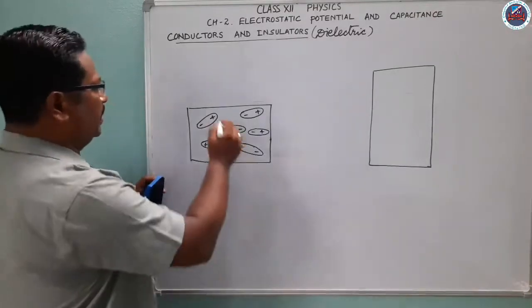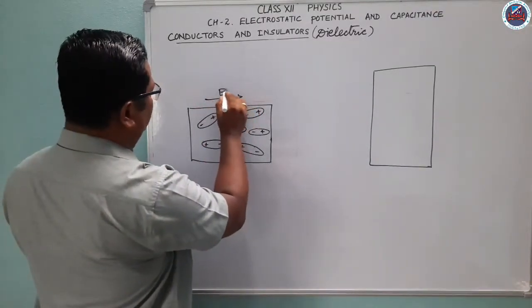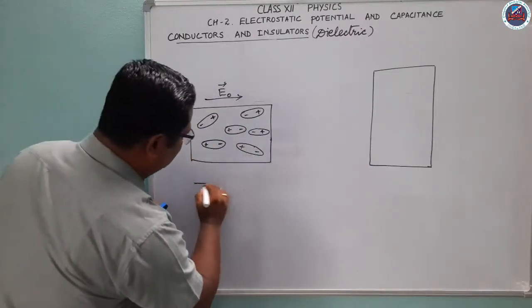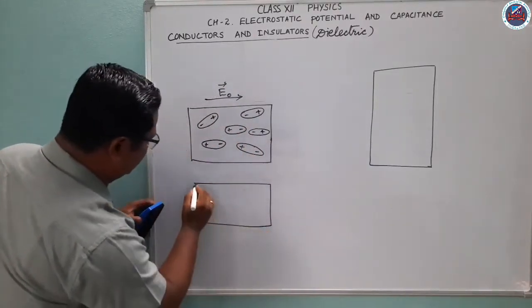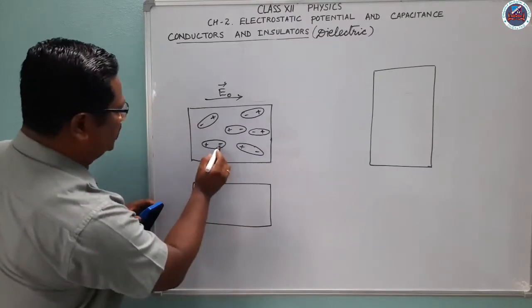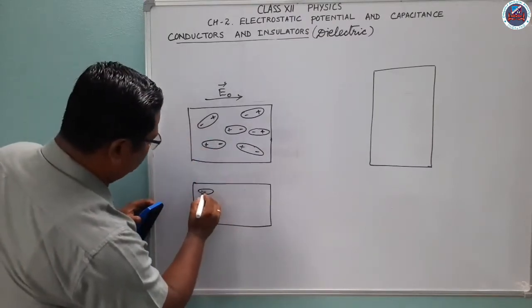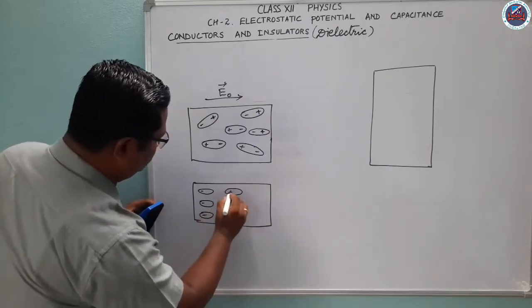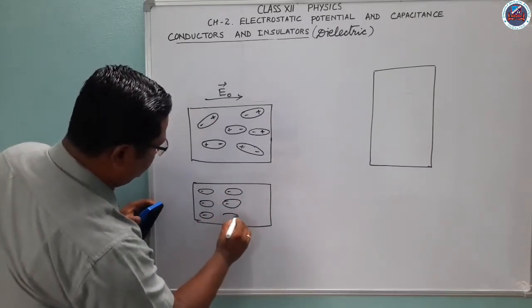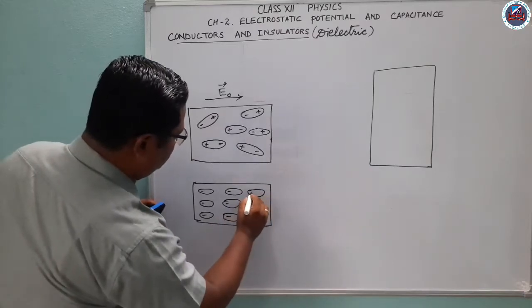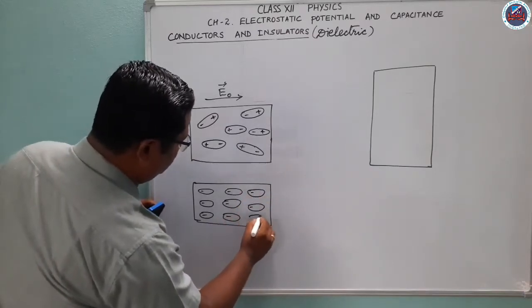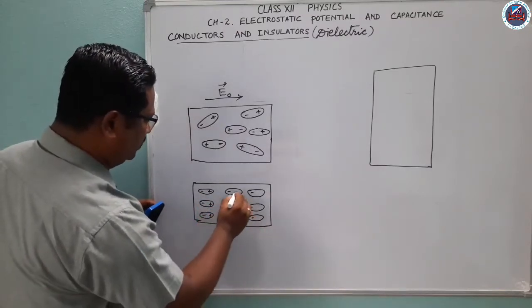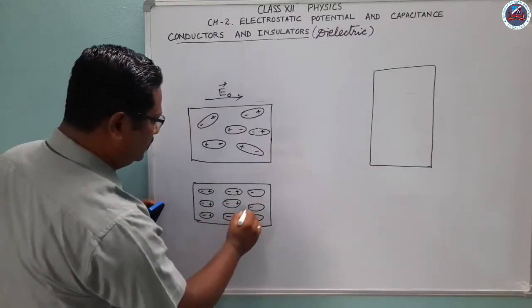But once we apply an external electric field to these bound charges, they rearrange themselves like this. All the negative charges will come to one side, and all the positive charges will be on the other end, that is the right hand side.